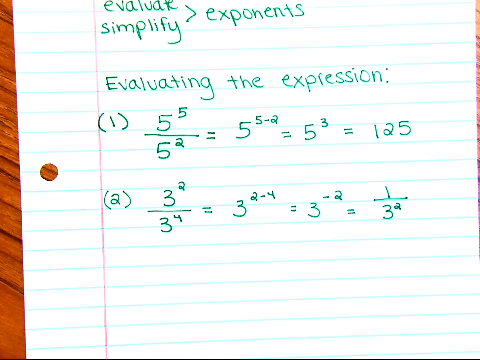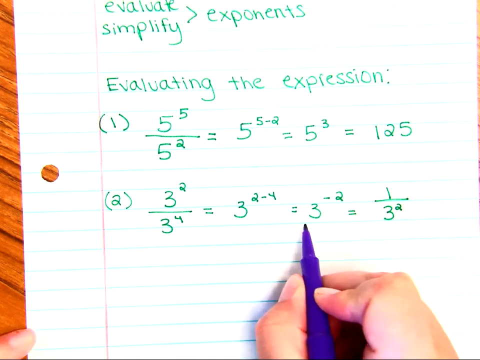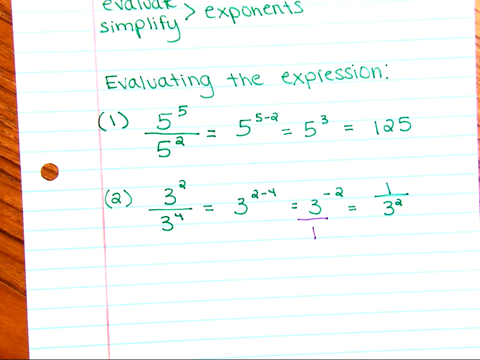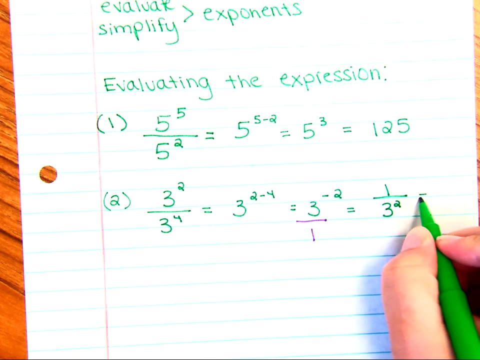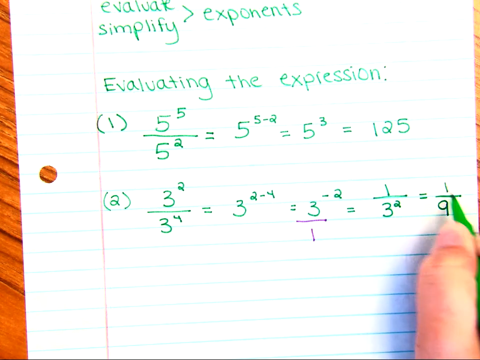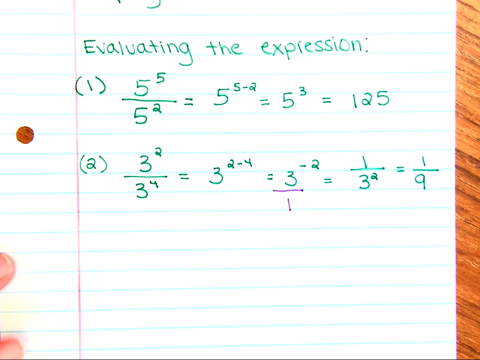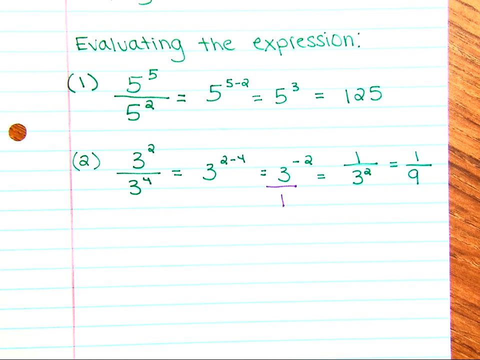That's its reciprocal, because technically this over here is 3 to the negative 2 over 1. So its reciprocal is 1 over 3 to the positive 2. And now I don't want to actually leave an exponent, so 1 over 3 squared would be 1 over 9. So that would be evaluating. You have an actual answer.